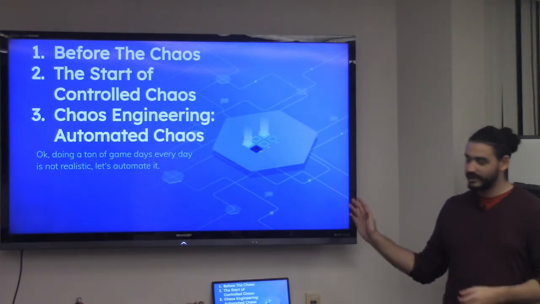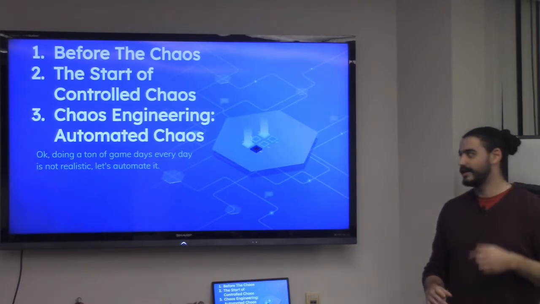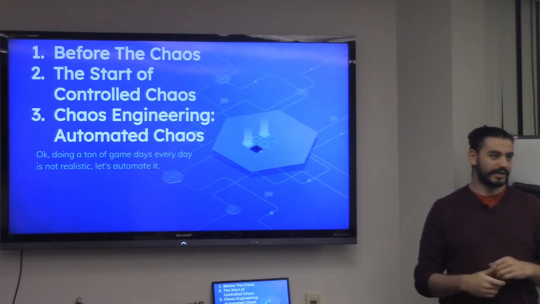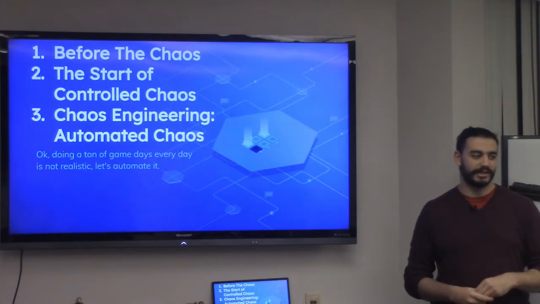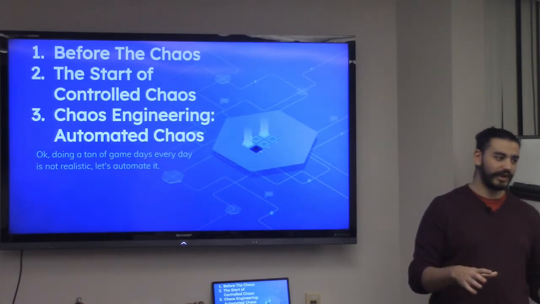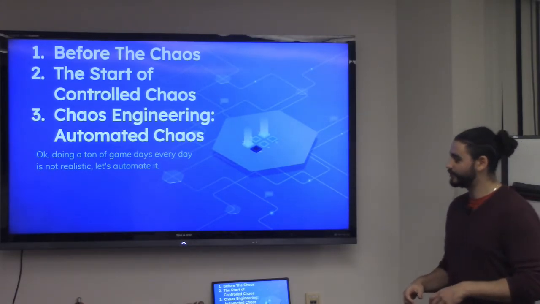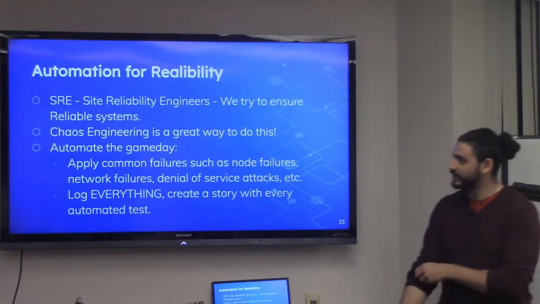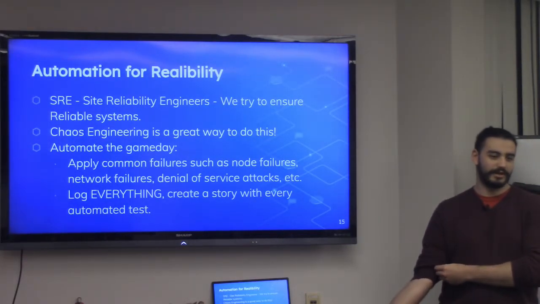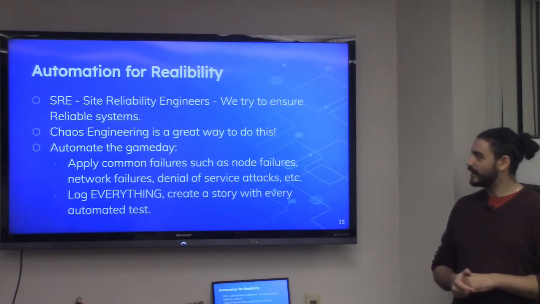And so now we get to the last part, which is the automated chaos. I think another half of this is going to be talking about the different kinds of failures, which are really cool. But yes, automated chaos. This is where the SRE portion of my job lines up with this.